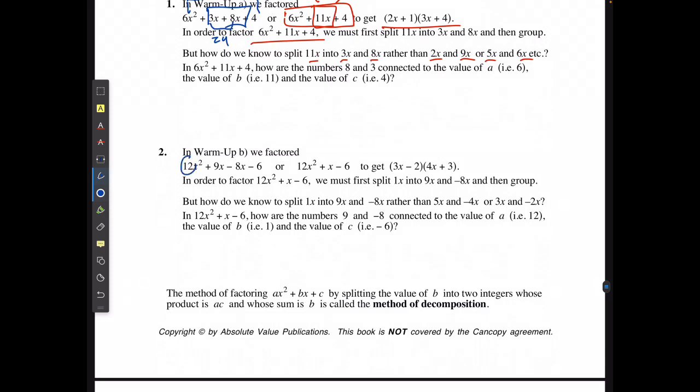If I take the 12 and negative 6, then I'm going to get negative 72. If I take the 9 and negative 8, I'm going to get negative 72. And they still combine together to make the positive 1.